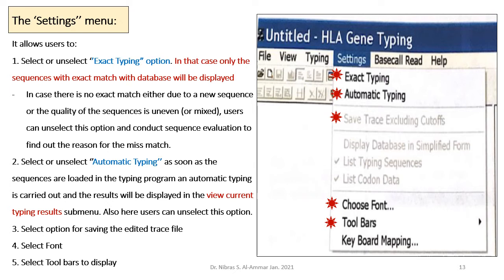Automatic typing. As soon as the sequences are loaded in the typing program, an automatic typing is carried out and the result will be displayed in the View Current Typing Results submenu. Also, here users can unselect this option and return back to the exact typing according to their sequences, of course.